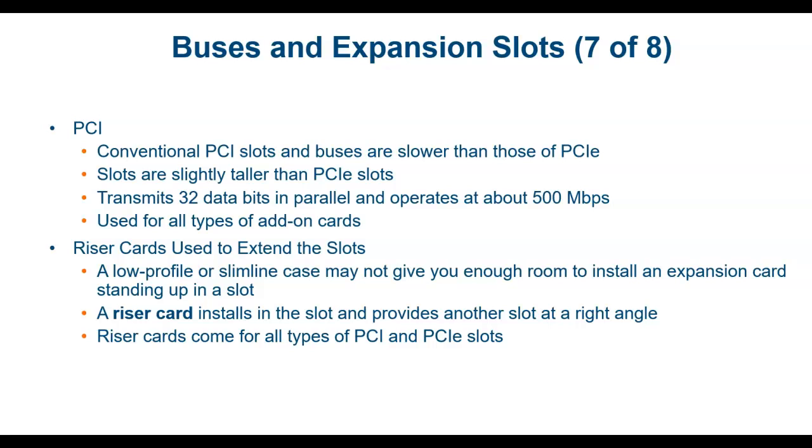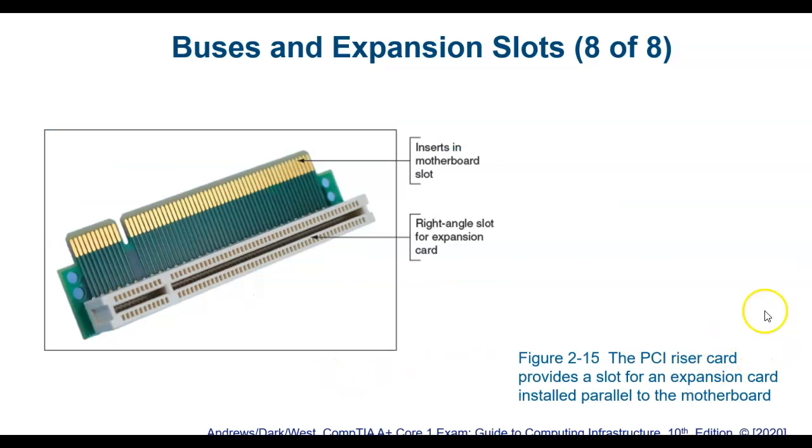A low profile or slimline case may not give you enough room to install an expansion card standing up in the slot. A riser card installs in the slot and provides another angle. You have a picture in the next slide. Riser cards come in all types of PCI and PCIe slots. Here's an example, right? Let's say you can put this on the motherboard, and then you could put something here on the side.